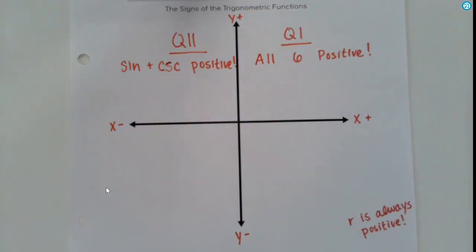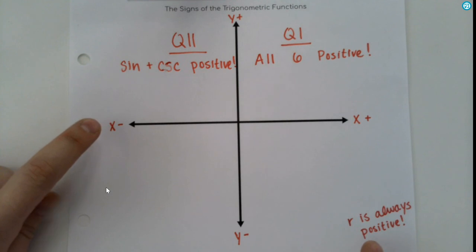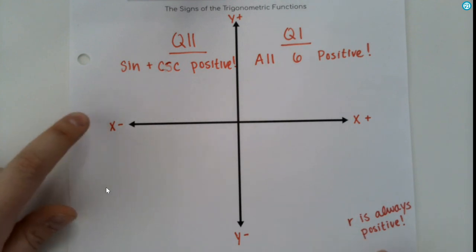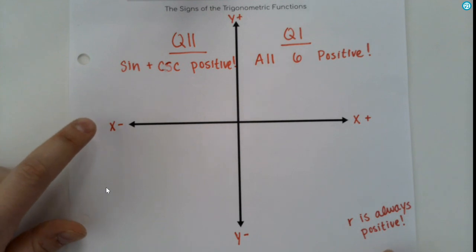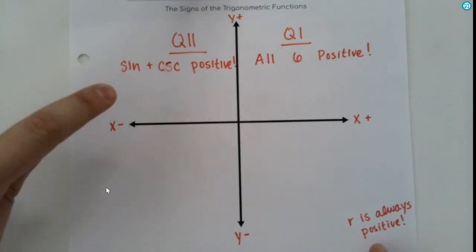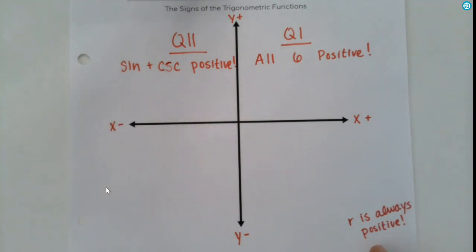Everybody else ends up being negative because cosine would be x over r, that would be negative, and then tangent would be y over x, that would be positive over negative, and that would be negative. So in quadrant 2, sine and cosecant are positive. I'm not going to write down that the other ones are negative. It's just that these ones are positive, the rest are negative.